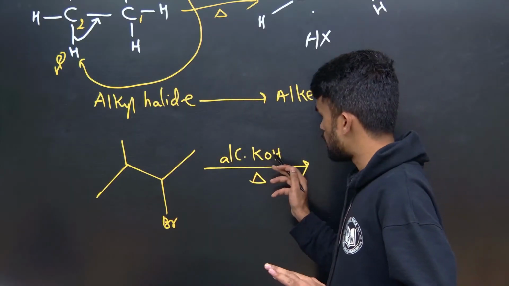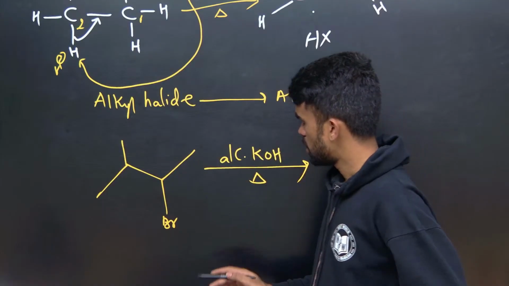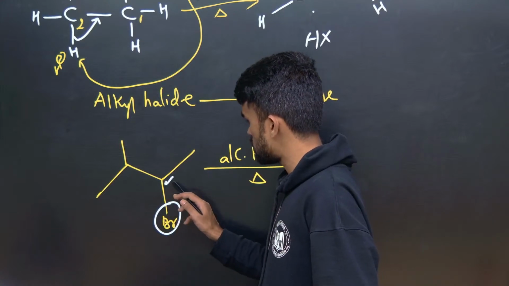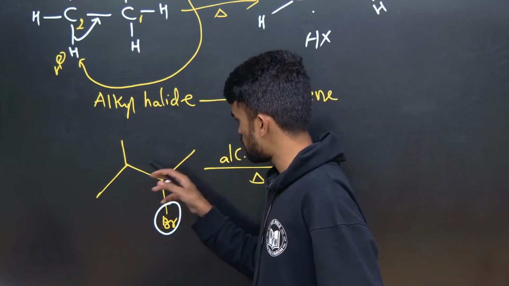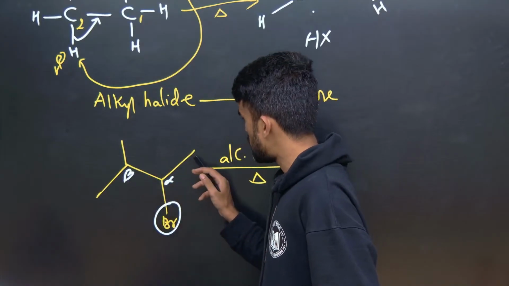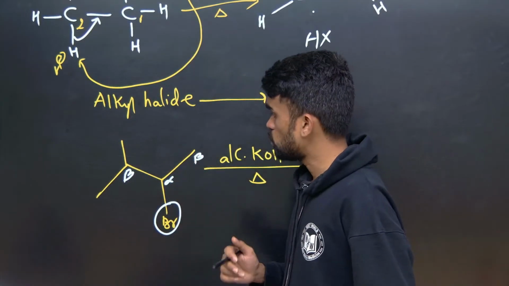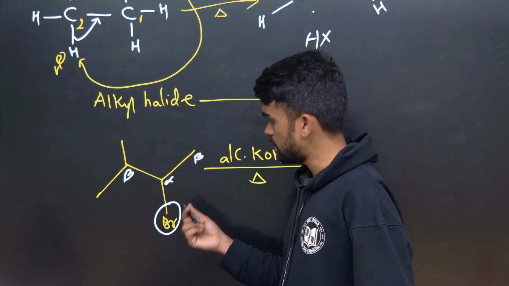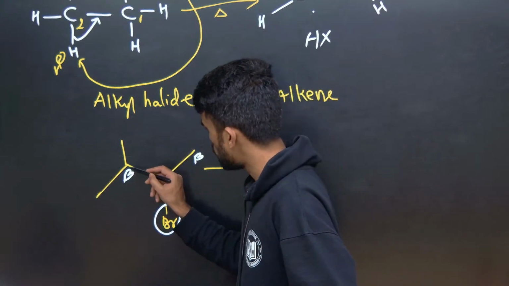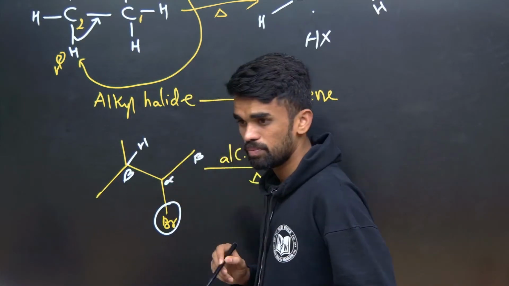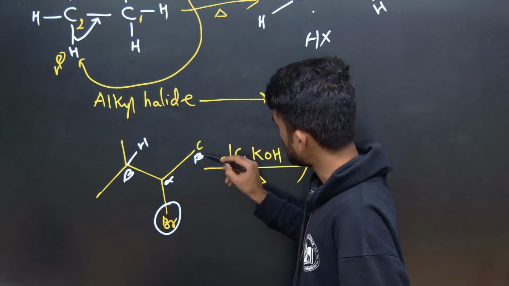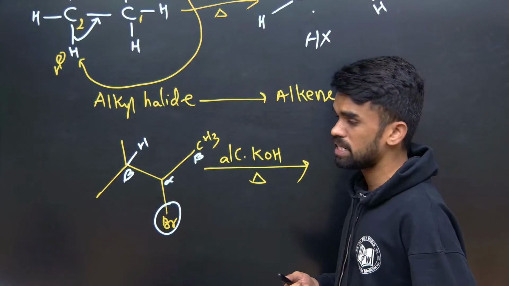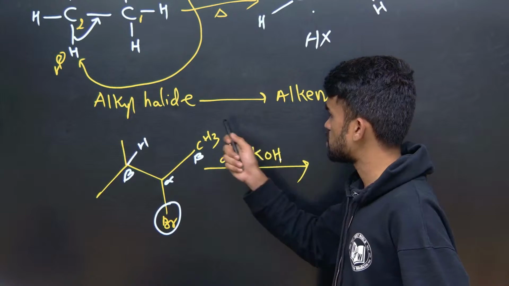Alcoholic base under heating condition means elimination. Here the halogen is there, so this position is the alpha position, and the adjacent positions are called beta positions. If hydrogens are present at the beta position, that beta hydrogen and this group should be eliminated. On this carbon, how many hydrogens are there? Three. So from where does the proton elimination take place, where will this base abstract the proton?